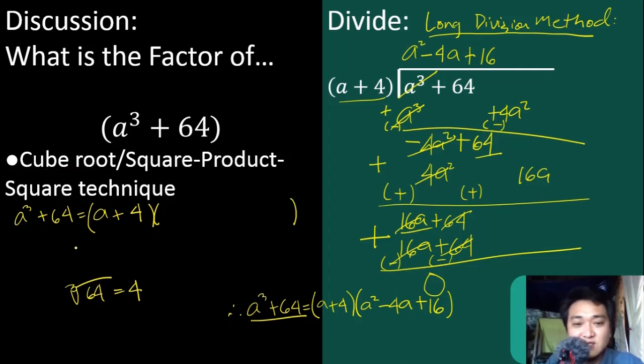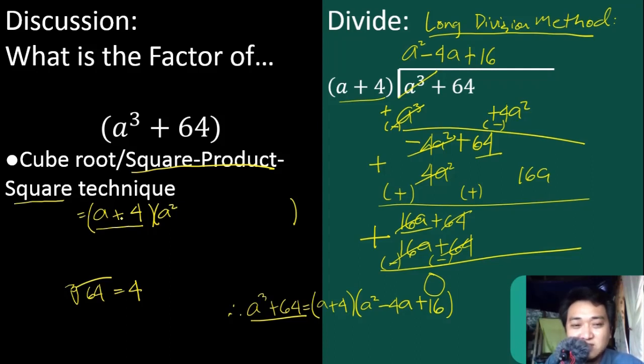Ano yung susunod natin gagawin for this technique? Kukunin natin yung square product square. Paano ginagawa yun? Una, tatakpan natin to. Ang pagtuunan natin ng pansin, itong si a plus 4. So, what is the square of the first term? The square of the first term is a squared.